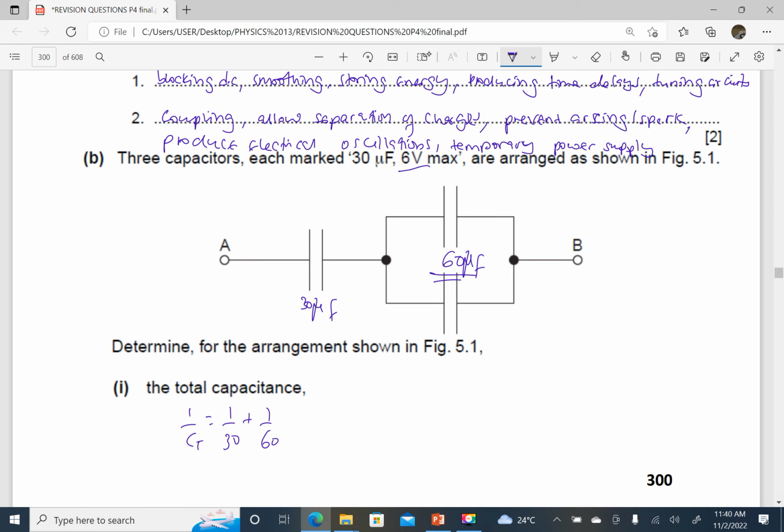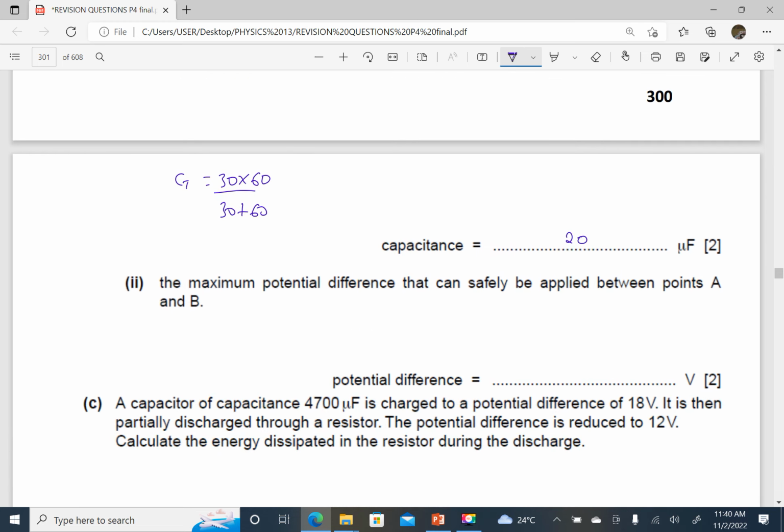So we are saying the PD across the parallel combination is equal to a half times the PD across the single capacitor.